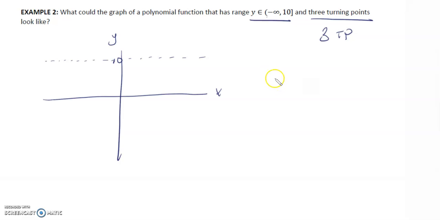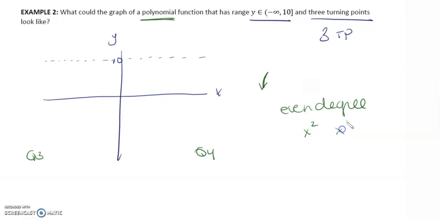So here's the thing. We know that if we're staying below 10, we're going to have to start in quadrant 3 and end in quadrant 4 if we're looking at a polynomial. Okay, so this is going to have to be an even degree. So it's either going to have to be x squared, x to the 4, x to the 6, so on. Okay, that's what we have the information for so far.